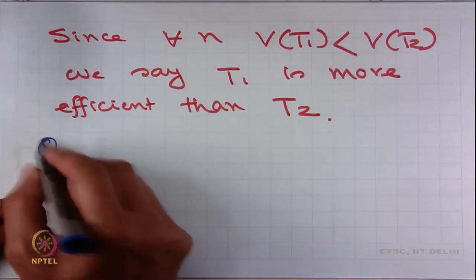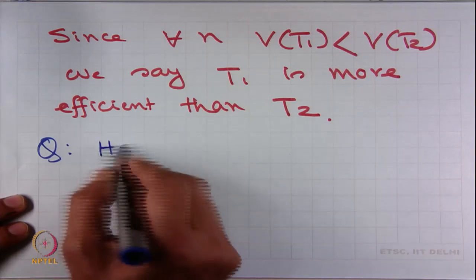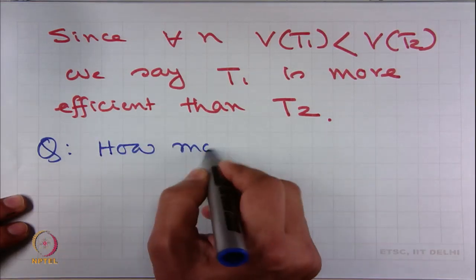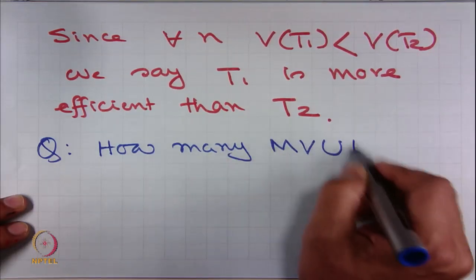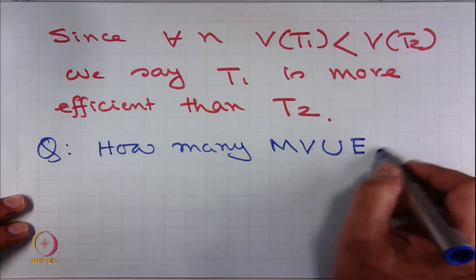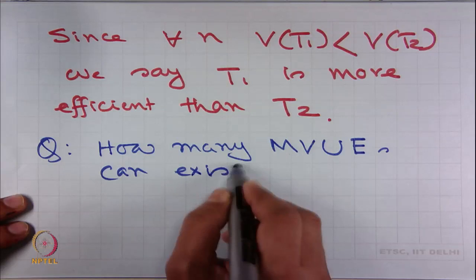Question. The obvious question is, how many minimum variance unbiased estimators can exist?